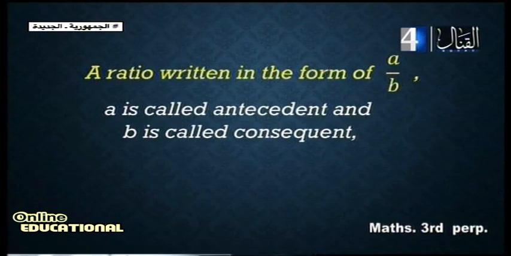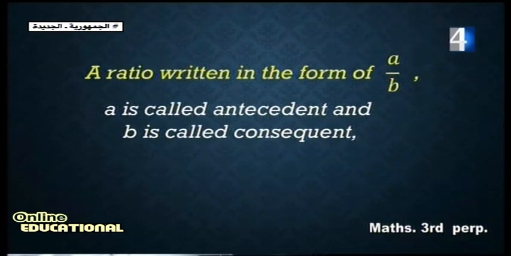And what about B? B is called the consequent of the ratio.